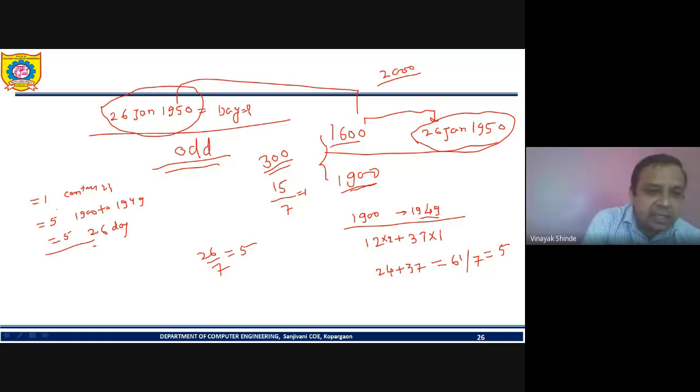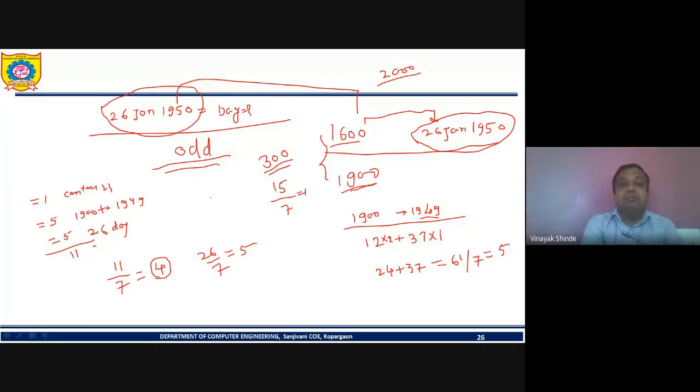Add all these: 5 plus 5 is 10 plus 1, it is 11. Total number of odd days is 11 divided by 7, so it is 4. Total number of odd days is 4.